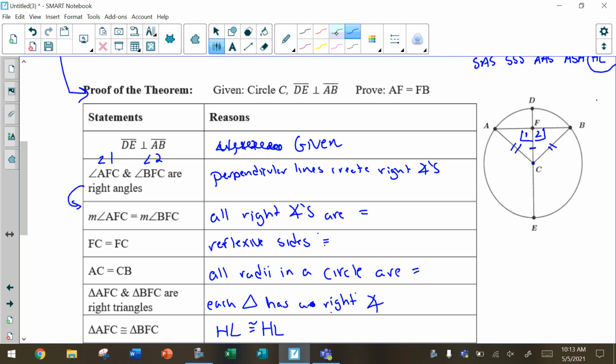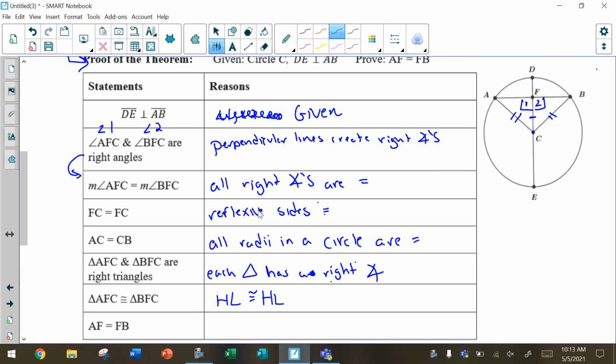And now, using something we haven't used for a while, we can say that this line segment AF is congruent to this line segment FB, because corresponding parts of congruent triangles are congruent.